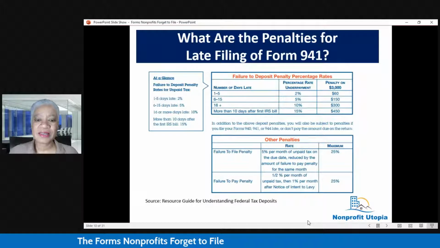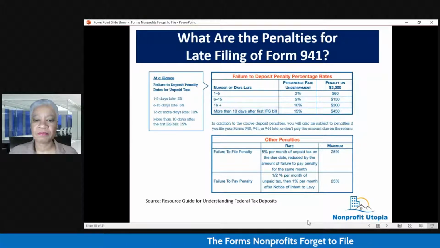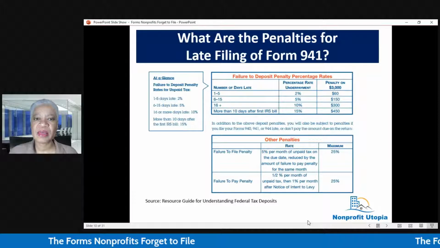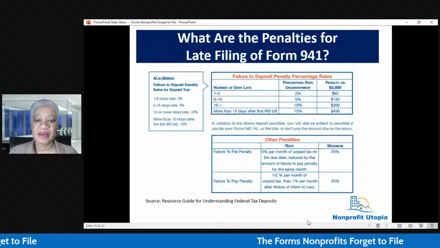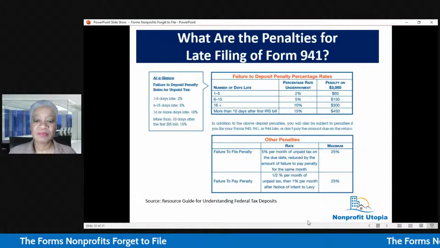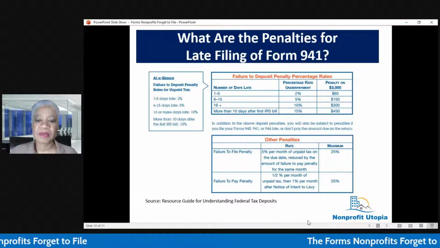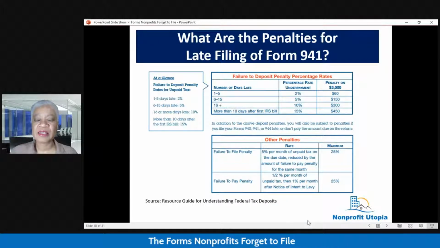If you're more than 16 days late, then the underpayment rate goes to 10%. And that could be $300, assuming your balance is $3,000. If you're more than 10 days late after the IRS sends you a bill, then the rate is 15%, and the penalty is $450.